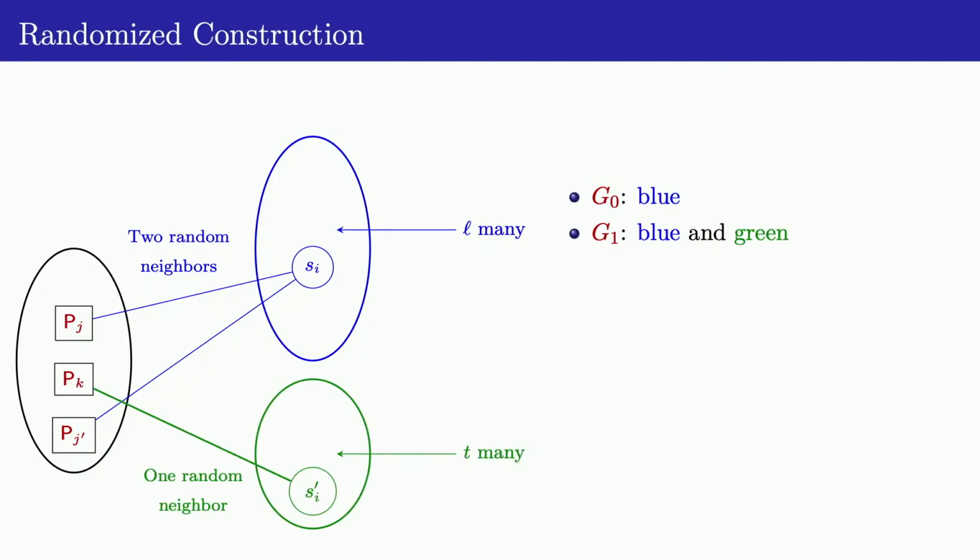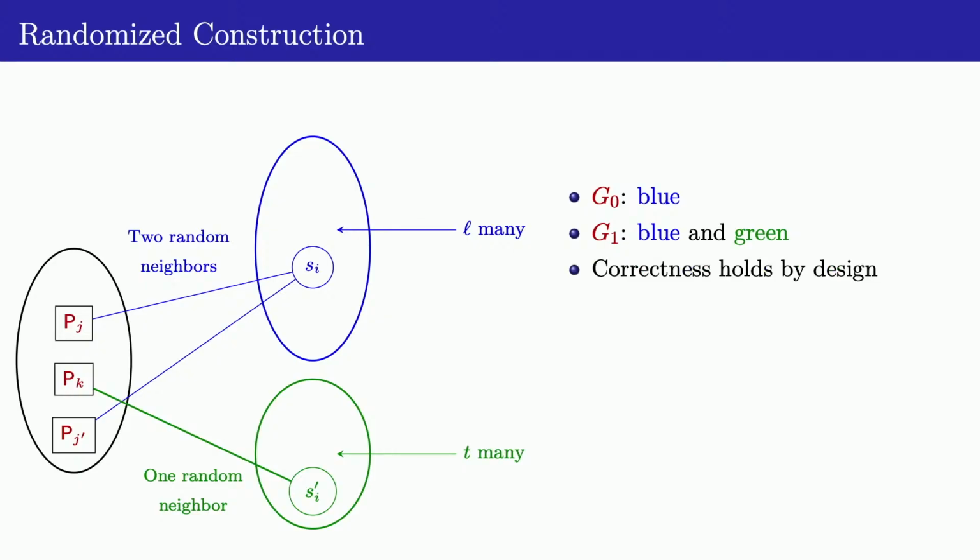I denote that by blue. And for G1, we additionally sample some seeds with degree 1. I will sample T many of these degree 1 vertices and L many of the degree 2 vertices. So G0 is only the blue part, but G1 is the entire thing, blue part plus green part. Let's check the properties that we need.